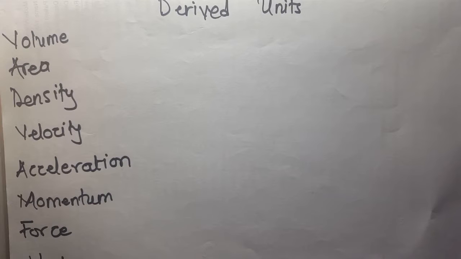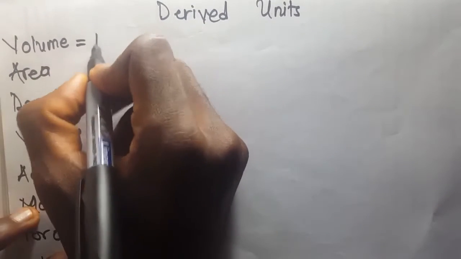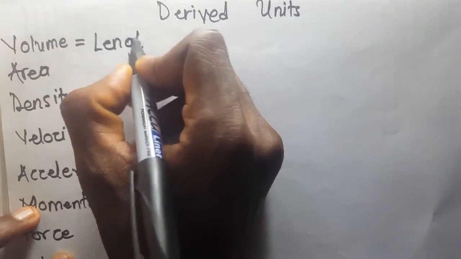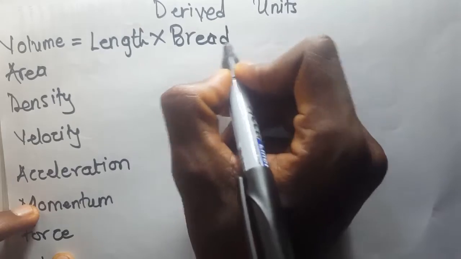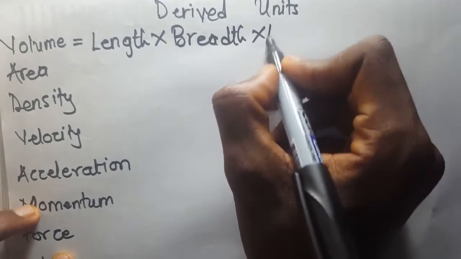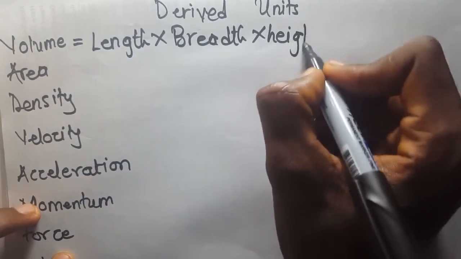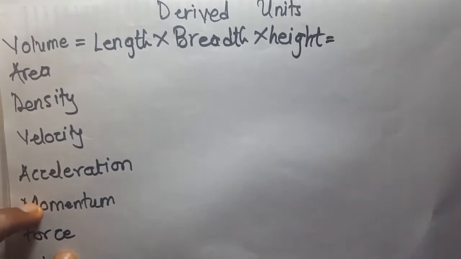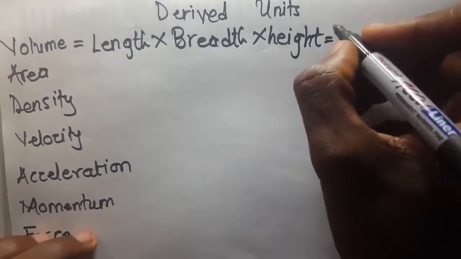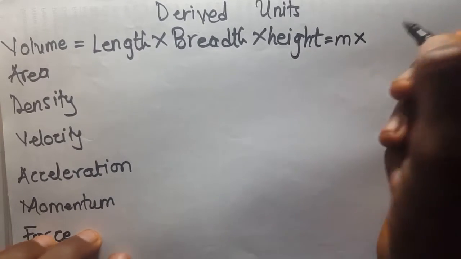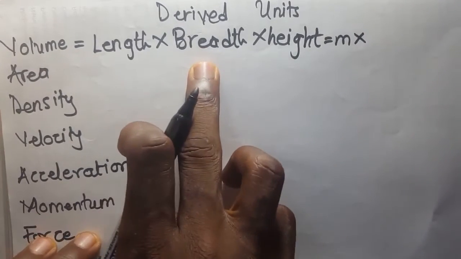Now let's look at volume. The formula for volume is length multiplied by breadth by height. Now, you have length here. What's the unit for length? Meter, small m, times. Now, we have breadth here.